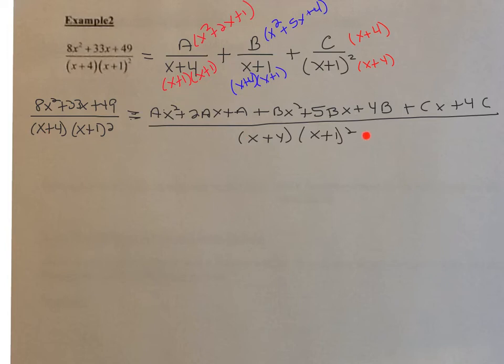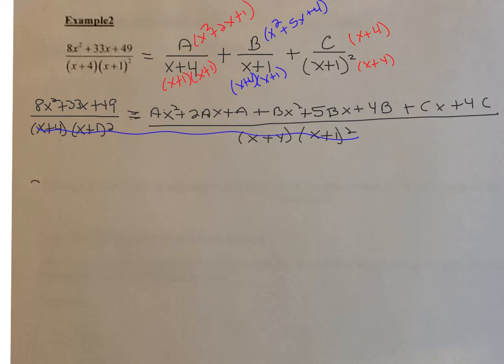Okay, so now I don't have to worry about the denominators. The denominators are the same here, so I have to worry about the numerators. While I rewrite the numerators, I am going to rearrange them so that my x squareds are together, my x's, and my numbers that don't have any x's.